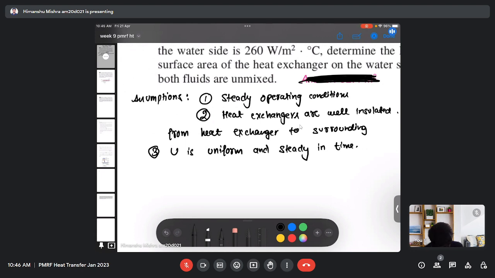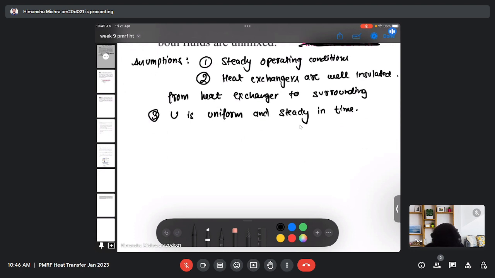With these three assumptions, let me find the heat capacities of the hot and cold fluid.